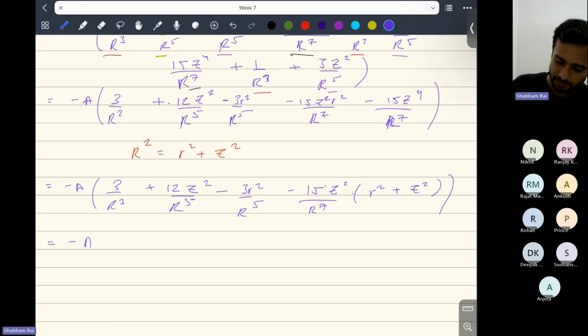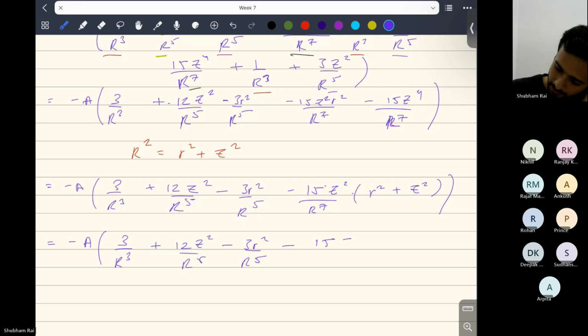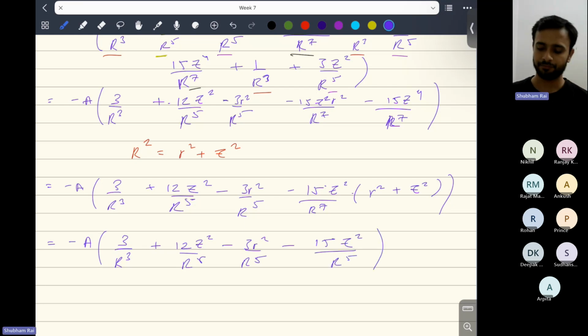So you get finally minus 3 over R cube, 12 z square over R⁵ minus 3r square over R⁵ minus. So this will be capital R square and this will be cancelled. So you get minus 15 z square over R⁵ finally.